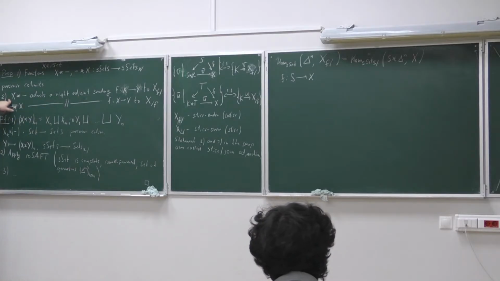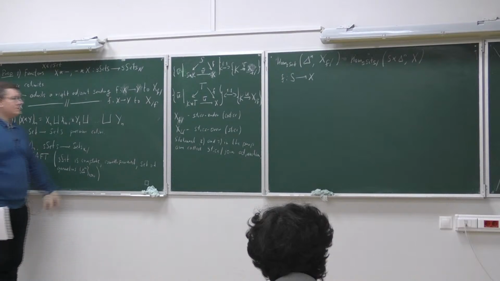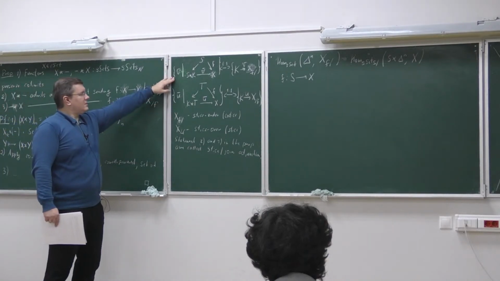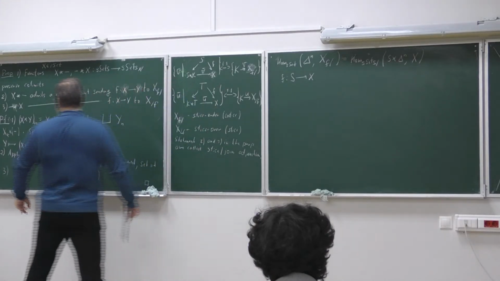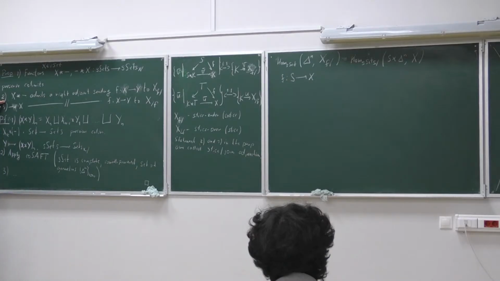We wrote that F goes to X under F, where F is a map from S to X. On the second line we wrote that F goes to X over F. Yeah, but this is just the same join, but now the argument is the second one.